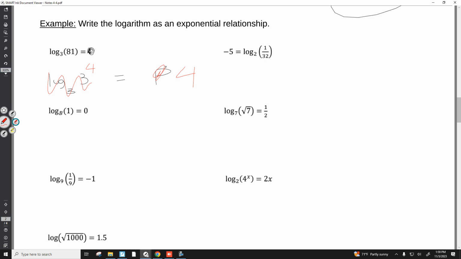Or what most of you will do, maybe because you remember this from the past, and hopefully it'll stay with you, is you say the answer to the log is an exponent. And that's fine. I just hope it sticks with you. 3 to the 4th is 81, and you'll just write the answer 4. I don't care how you do it, just get the right answer. And if you don't know what the right answer is, maybe try a different approach.